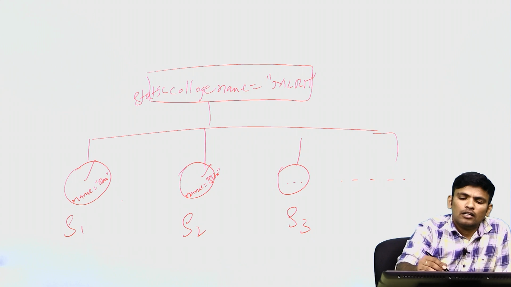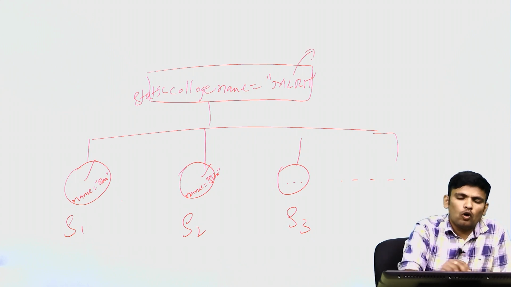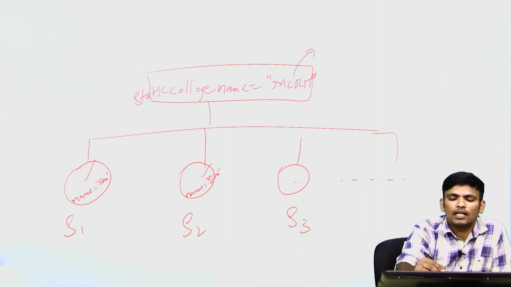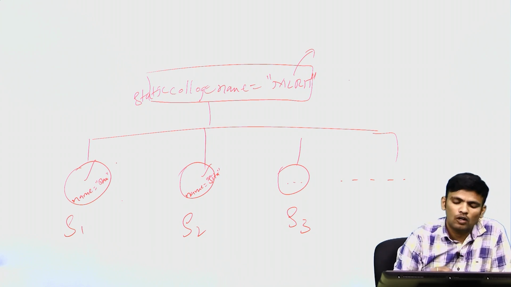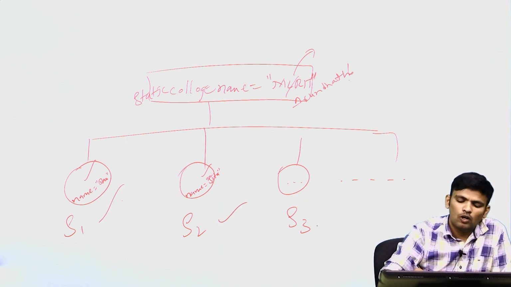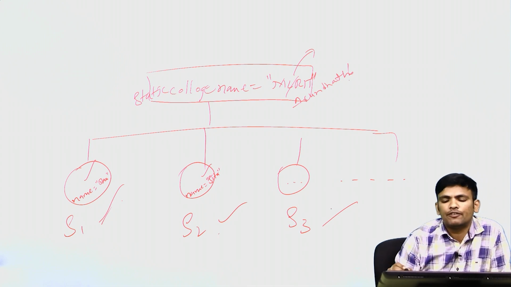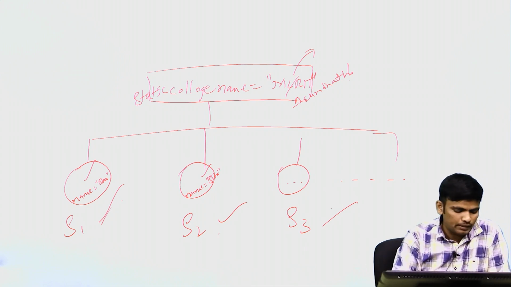This means only one copy of a static variable is maintained for all objects, and if any change is done at the root level, meaning class level, it will be reflected in all objects. Suppose this college name is now MLR, and you change it to Arundhati. Now it will affect all objects: S1 will get affected, and S2 and S3, all objects. That is the meaning of this statement.